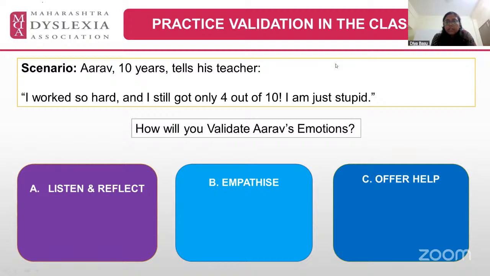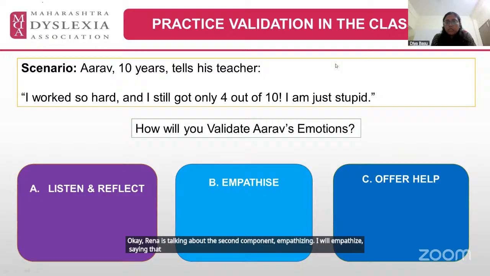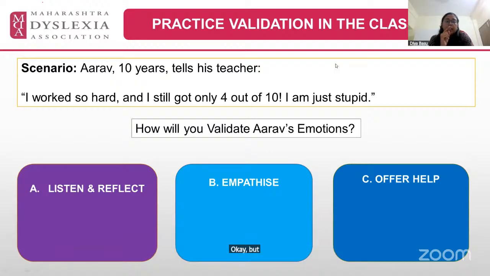Prerna. Okay, Prerna is talking about the second component, empathizing. I will empathize saying that I understand and know the way you are working really hard. Okay, but empathizing is like you have to connect with the feeling. What is the feeling over here, Prerna? Think more. Child is feeling low.